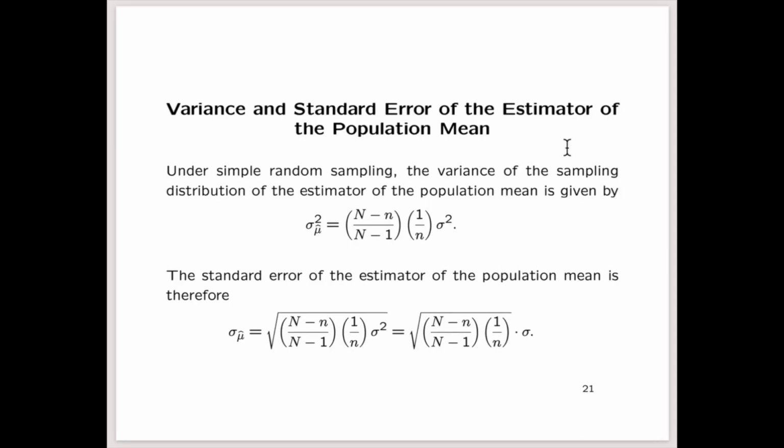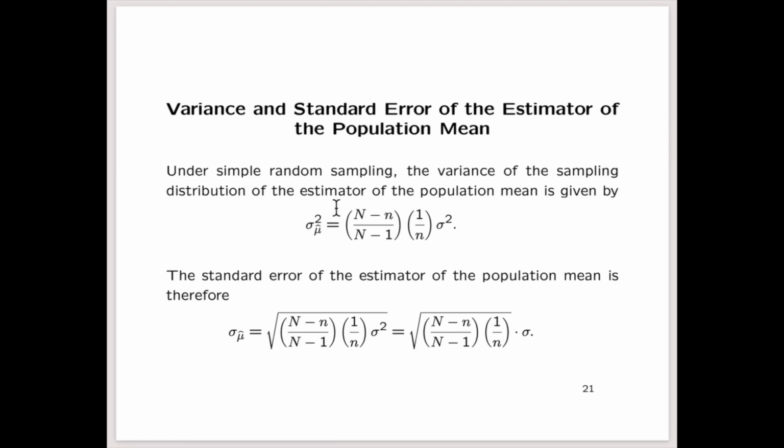All right, so first we'll look at the variance and the standard error of the estimator of the population mean. Under simple random sampling, the variance of the sampling distribution of the estimator of the population mean is given by this expression.